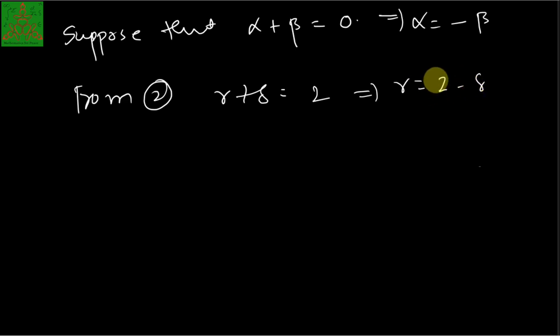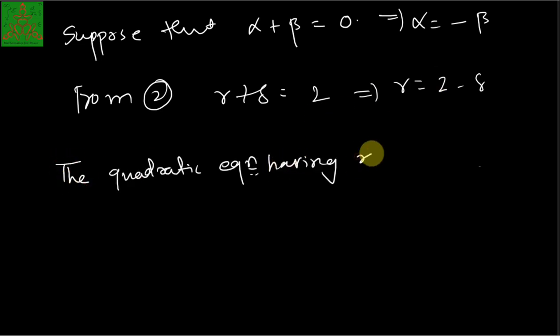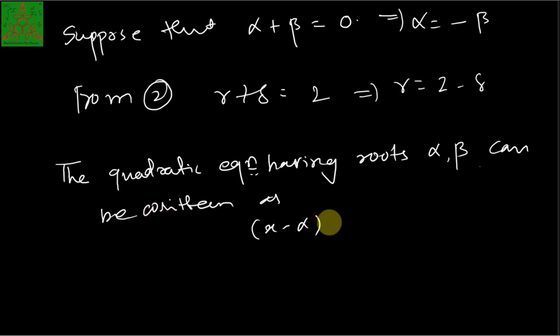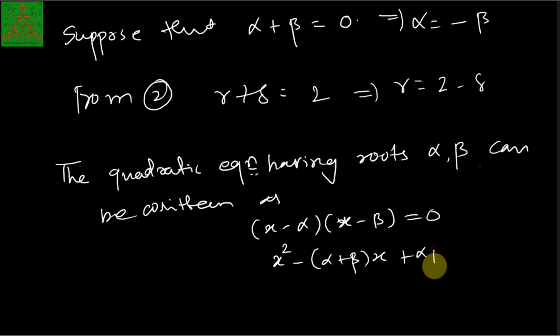Here I am going to use a different technique. The quadratic equation having roots alpha and beta can be written as x minus alpha into x minus beta equal to 0. So this will be x squared minus (alpha plus beta) x plus alpha beta equal to 0.